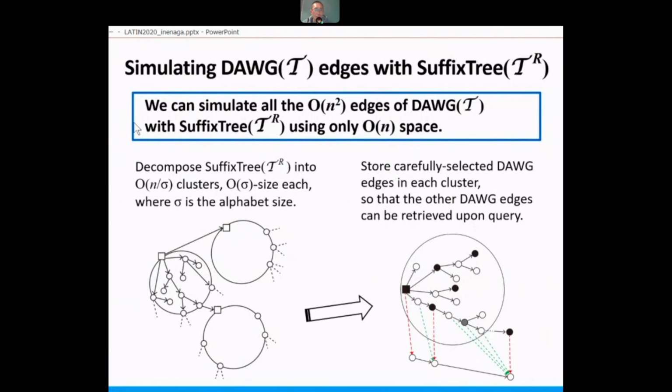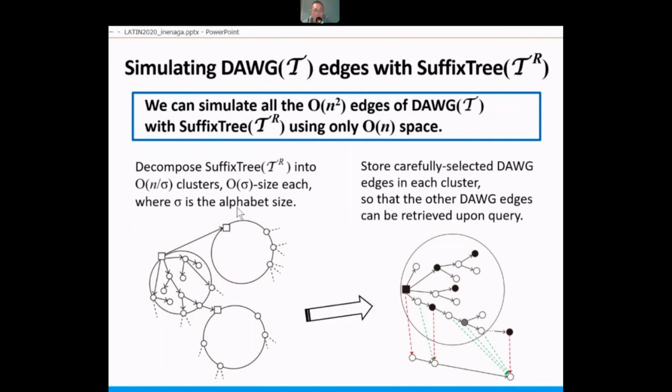However, it was shown that we can actually simulate the quadratic number of edges of the DAWG for the forward trie with the suffix tree for the backward trie using only linear space. The basic idea was the following. We first perform a standard decomposition of the suffix tree for the backward trie into n over sigma clusters, where sigma is the alphabet size, and each cluster is of size O of sigma.